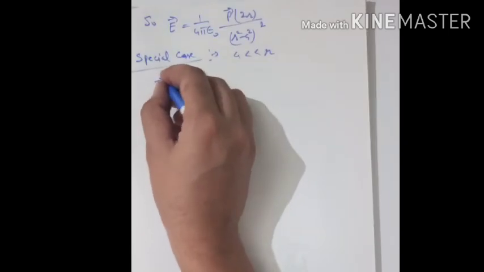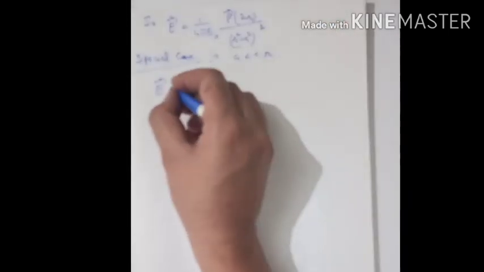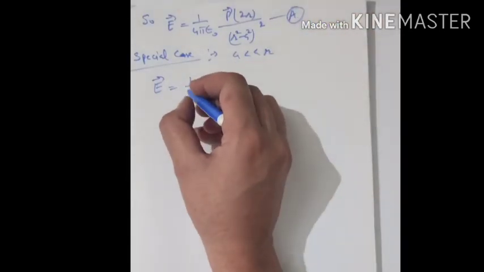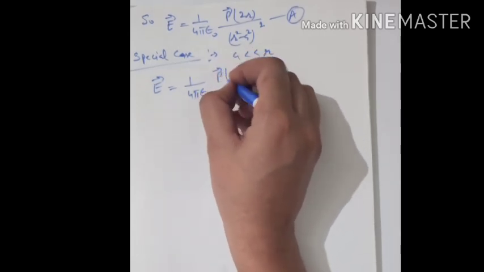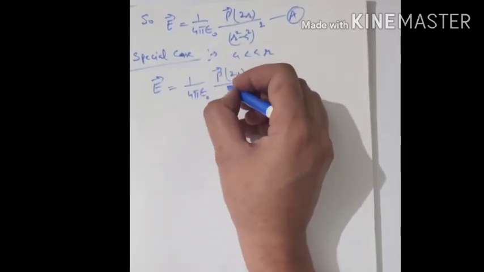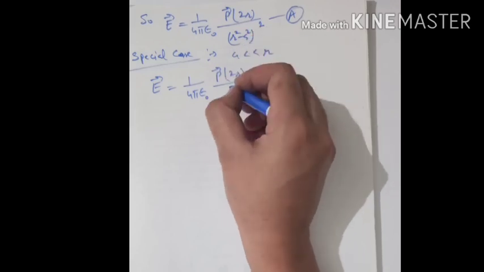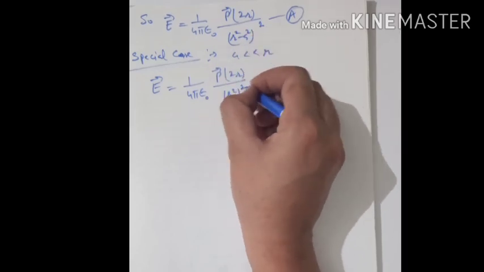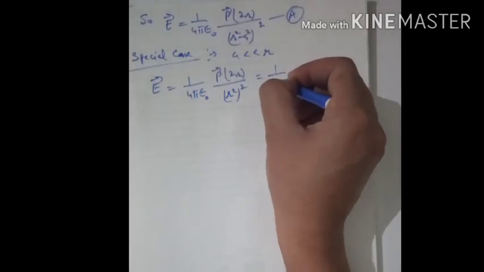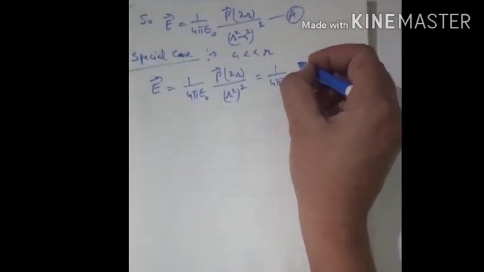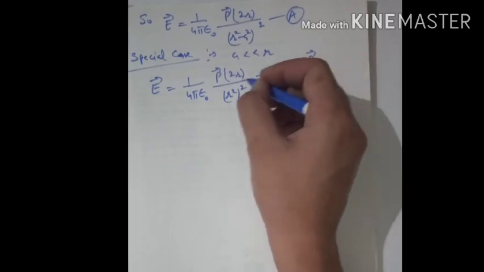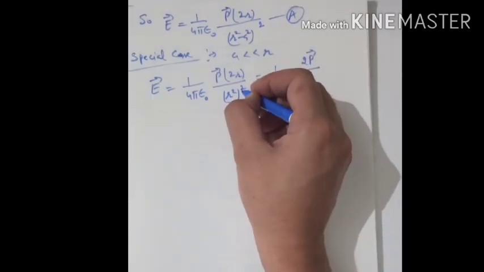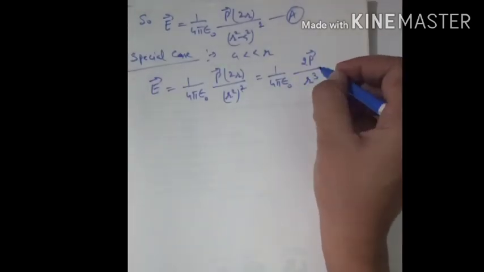So E becomes, say this is equation number A. So from equation number A, E becomes 1 by 4 pi epsilon naught, p vector 2r over, neglecting this term, (r square) whole square. So this is equal to 1 by 4 pi epsilon naught, 2 p vector over, cancel this r with 1 r here. So we are left only with r cube.